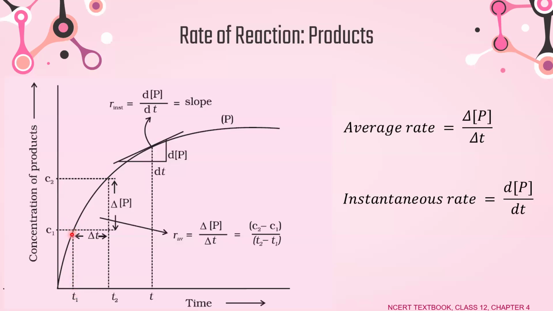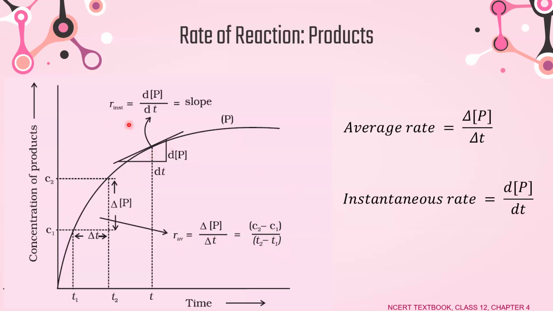So the amount of product produced, C1, is less, but as the reaction proceeded, more product was formed. Hence at T2 we had a higher amount. So C2 minus C1 is going to be positive, and the overall rate is positive. C2 minus C1 divided by T2 minus T1 is our average rate.